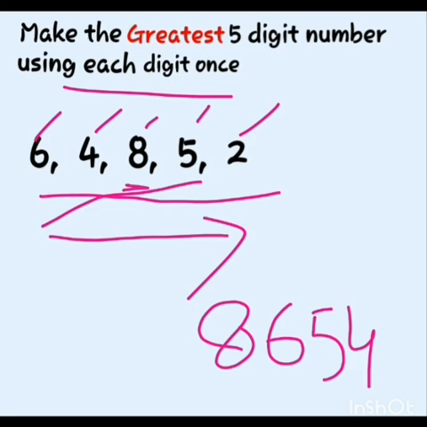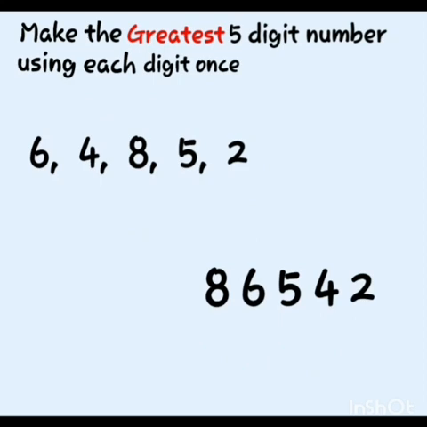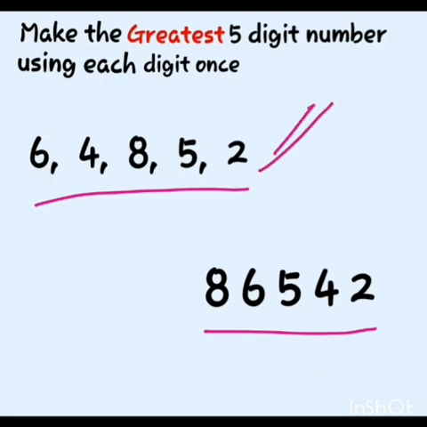Then we have 2. Right? I write 2 after that. So this is the greatest 5-digit number that I can make using these 5 digits. There cannot be any number greater than this that we can make using these 5 digits just once.